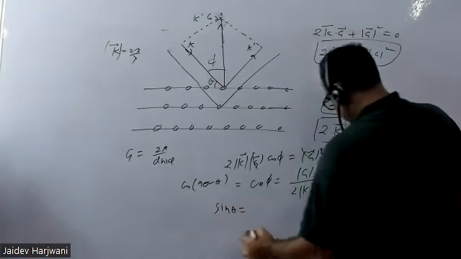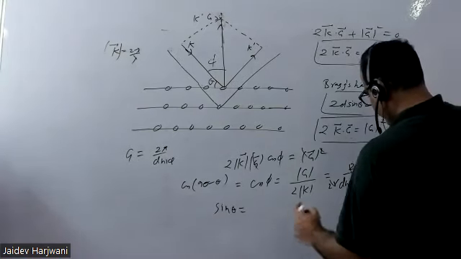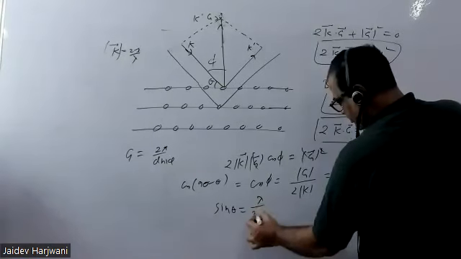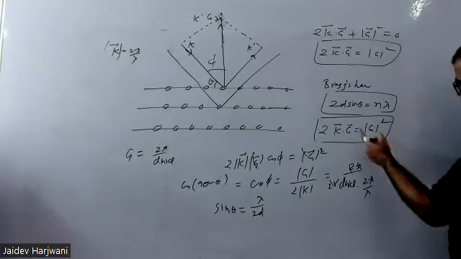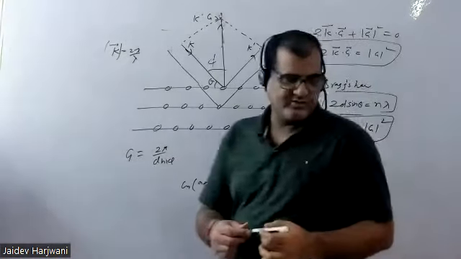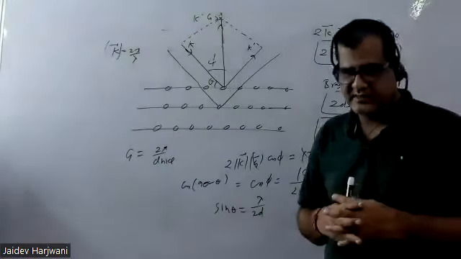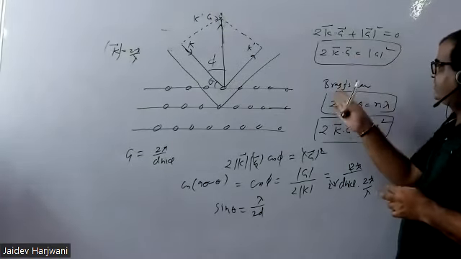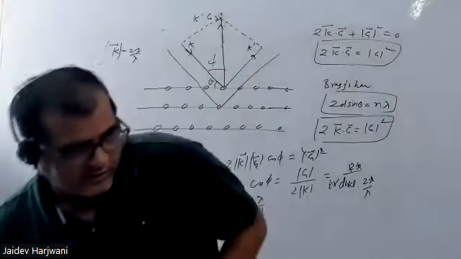So sine theta equals lambda upon 2d. If you solve this further, it gives the same expression as Bragg's law. So both are equivalent, and you should remember both formulas: the Bragg condition in reciprocal lattice as well as in the direct space. Any doubt?